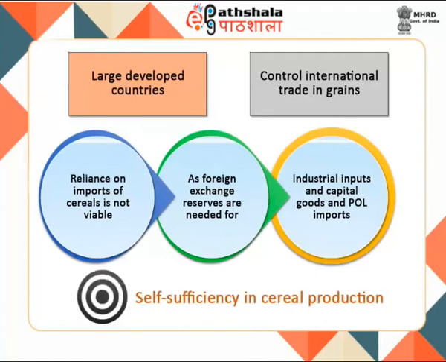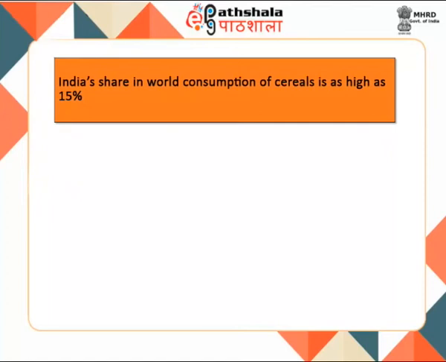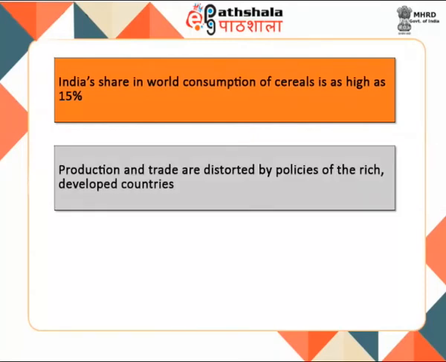Self sufficiency in cereal production, therefore, must remain an overriding goal of any food policy in India. India's share in world consumption of cereals is as high as 15%, but production and trade are distorted by policies of the rich, developed countries.